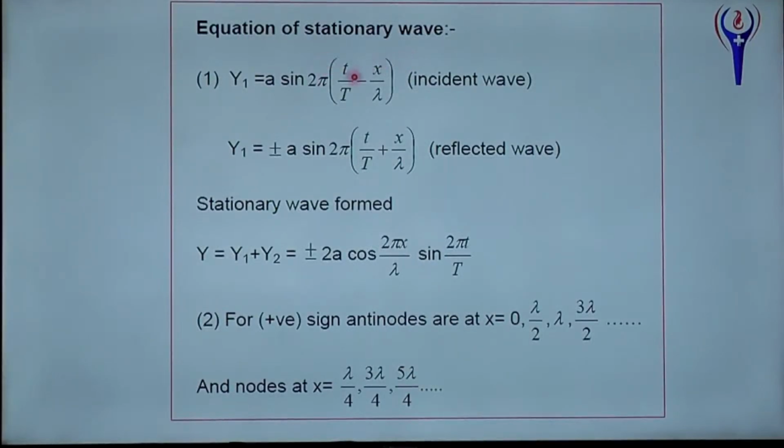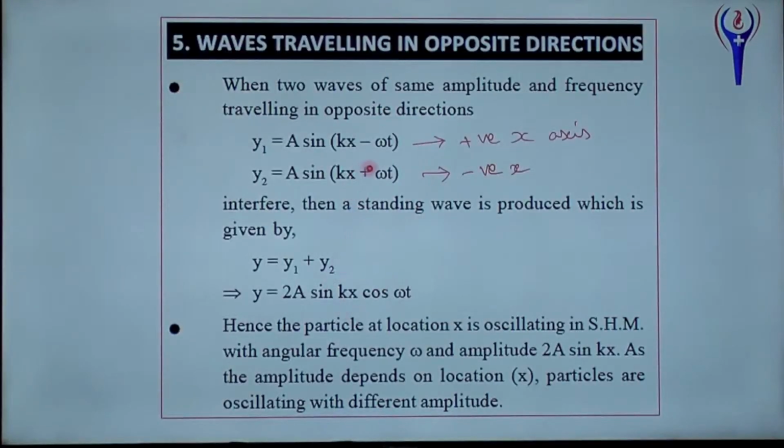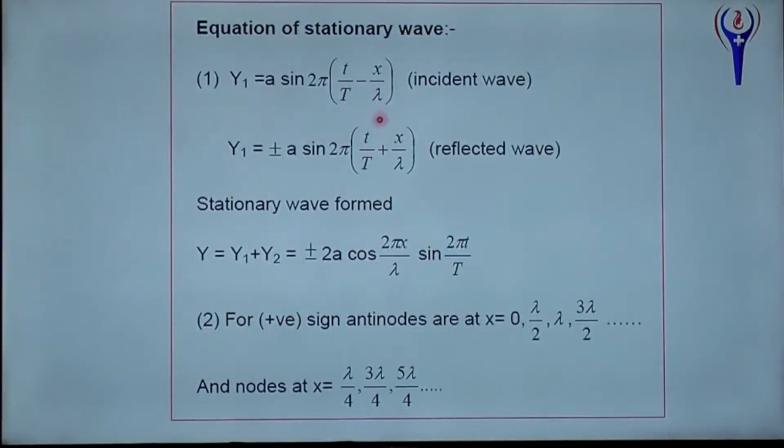Equation of stationary wave. y1 equal to a sin 2 pi (t by T minus x by lambda). Actually, this is derived from kx minus omega t only; from this we are simplifying to t by T minus x by lambda. This is the incident wave. And y2 equal to plus or minus a sin 2 pi (t by T plus x by lambda).